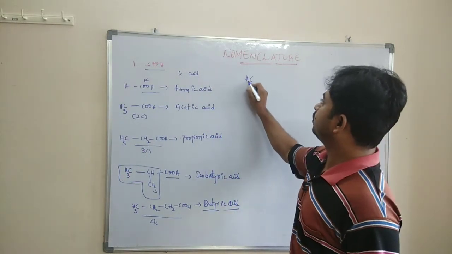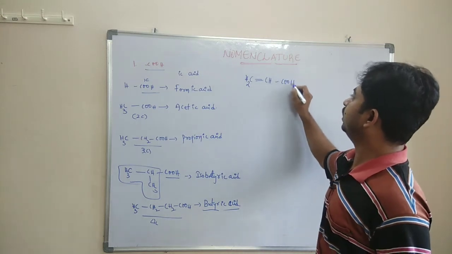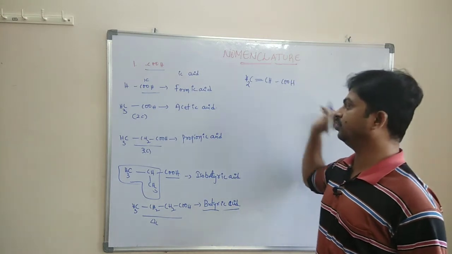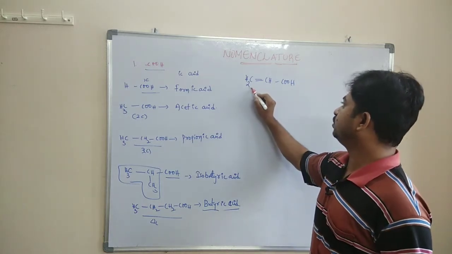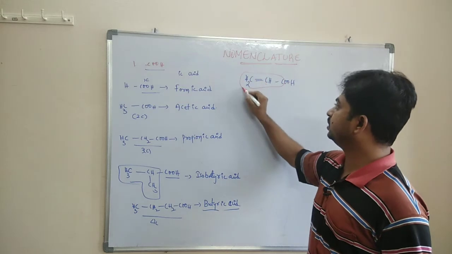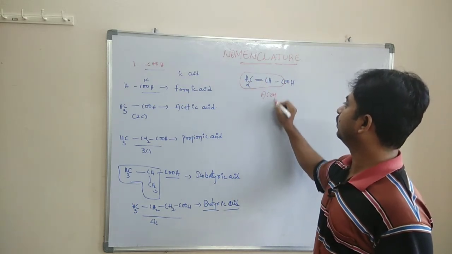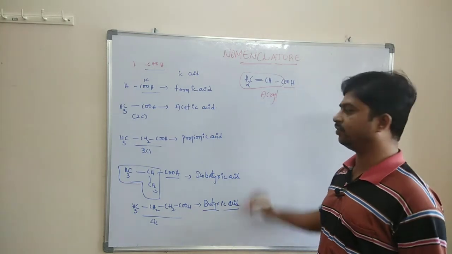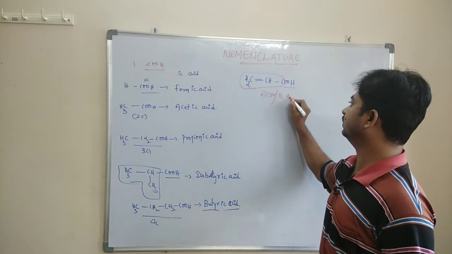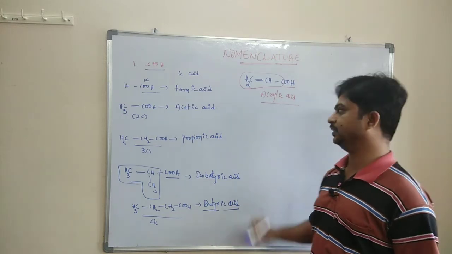Next, if CH2=CH-COOH is there, what is the name of this compound? Here you can see CH2=CH-C, which we call acryl. Then it has COOH, the suffix is ic acid, and the name becomes acrylic acid.